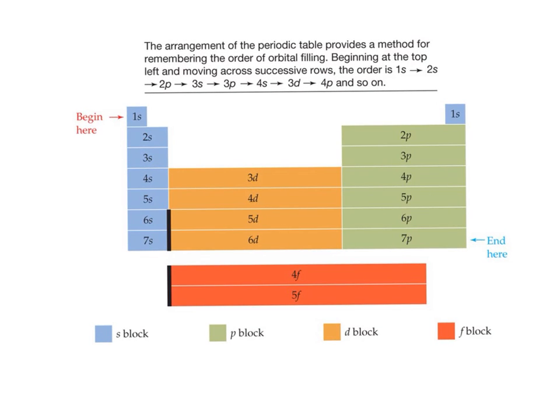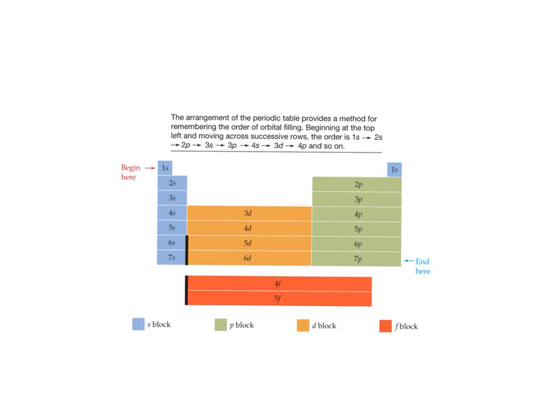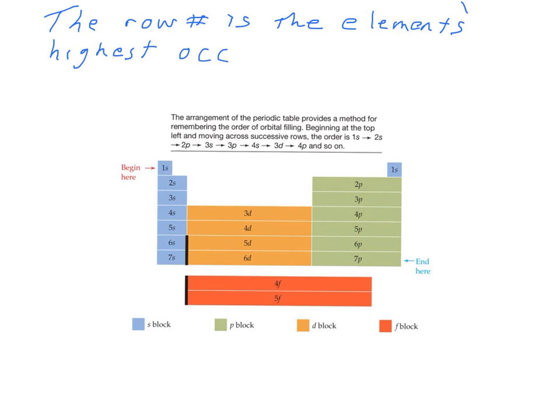First of all, let's start by remembering our row numbers. Remember, the periodic table's rows, or periods, are numbered 1, 2, 3, 4, 5, 6, 7, going that way. It turns out that the row number is the element's highest occupied energy level.